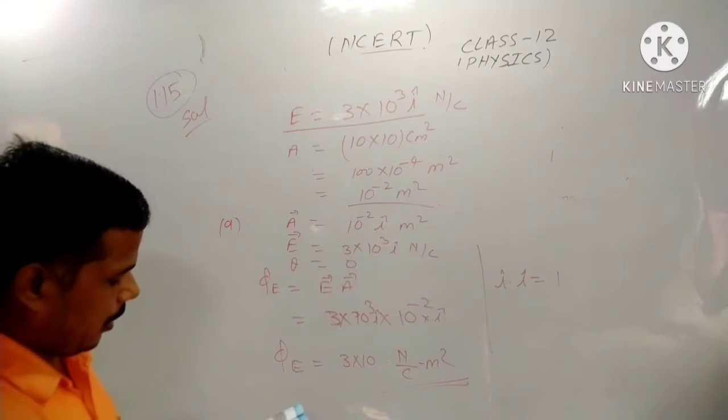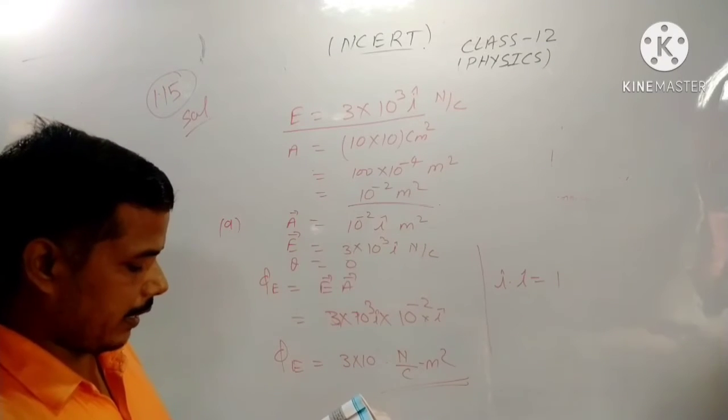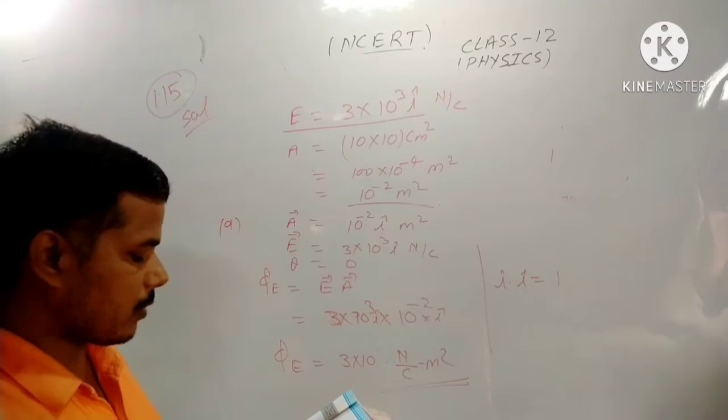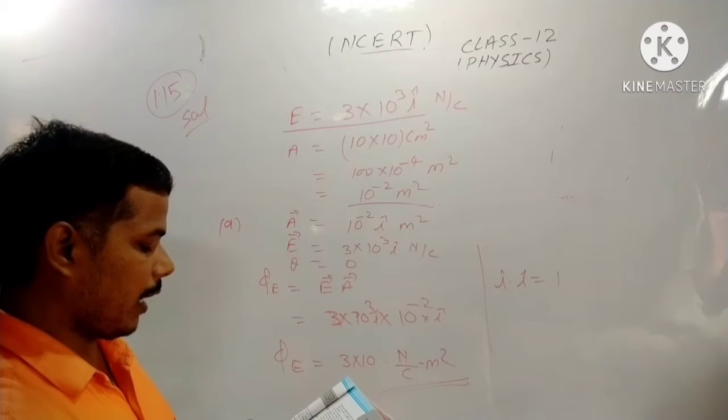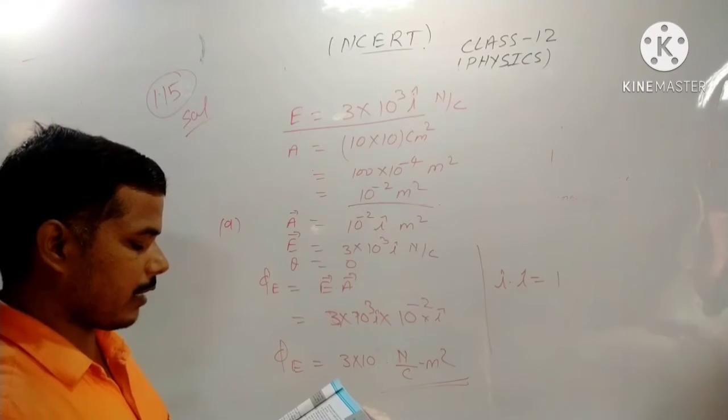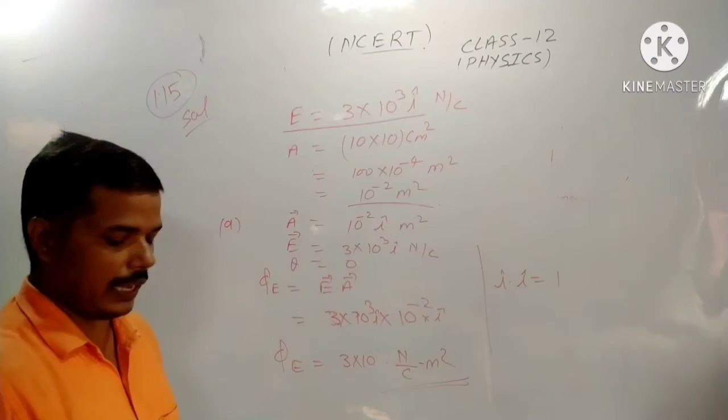Okay. Now the next part of the question is: what is the flux through the same square if the normal to its plane makes an angle 60 degree with the x axis.